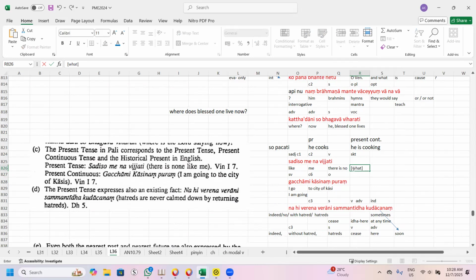None is not mentioned. So you translate short like that: there is no something. That means in this case, no what, or what is something. So in this case, no one or somebody, someone. If we think it's something, that means there is no one or someone like me.